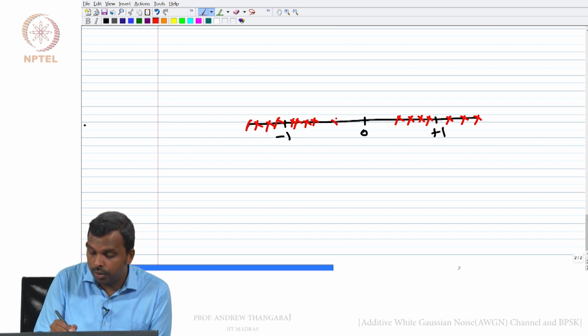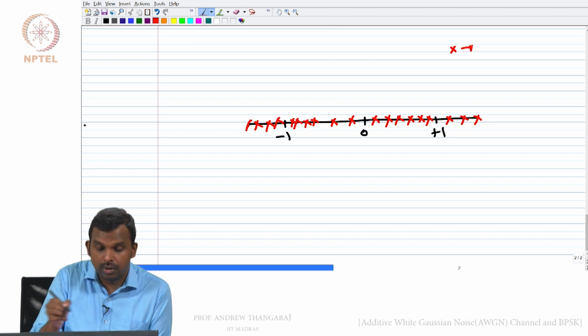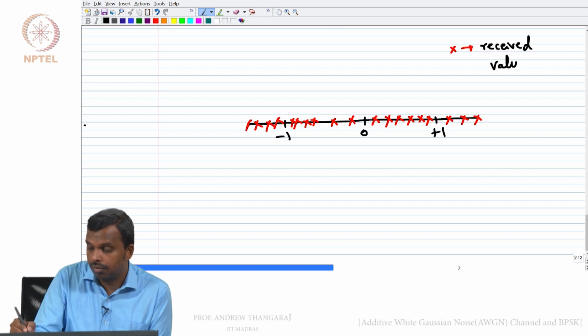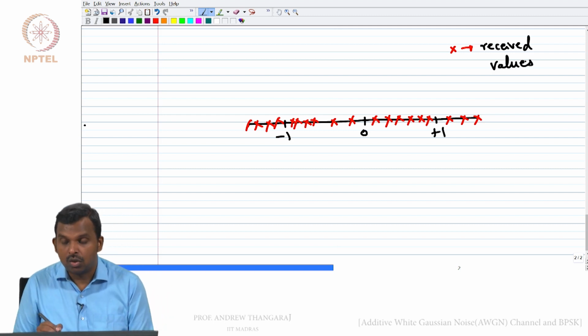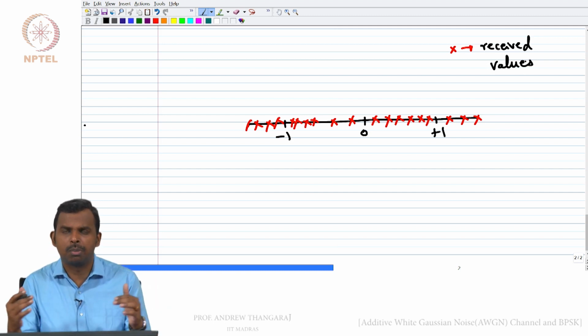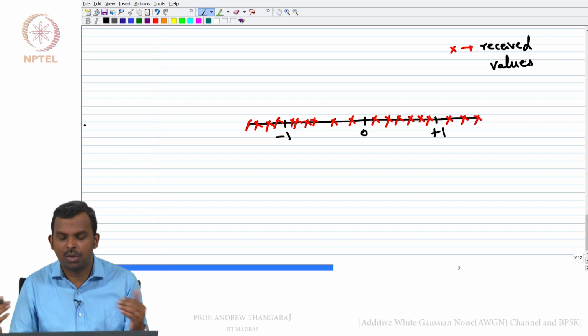But a few received values can also be here. So, this x indicates received values. At the receiver you get only these red values, all over the place, 0.1, 0.2, minus 0.2, minus 0.3, minus 0.5, like that you will be getting.